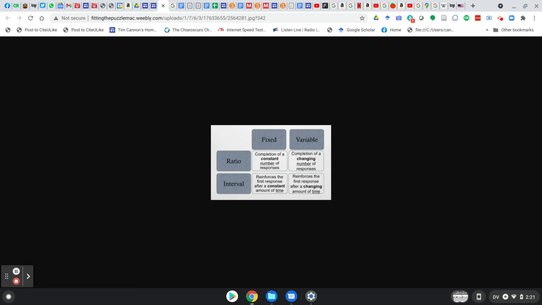Then there's also variable ratio schedules. If you can have an FR5, you can have a VR5. So the animal hits the lever, they get a pellet. On a variable ratio, you get a pellet for the next response. Or you may have to wait 4, and then you get a pellet. And then you may have to wait 10, and then you get a pellet. It's variable. Now, what does that make you think of in real life? Hunting, fishing, dating, science, sports.